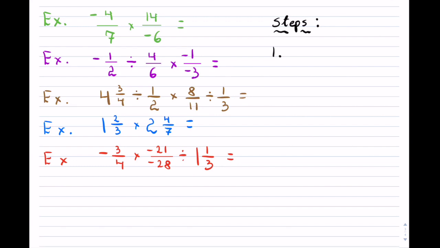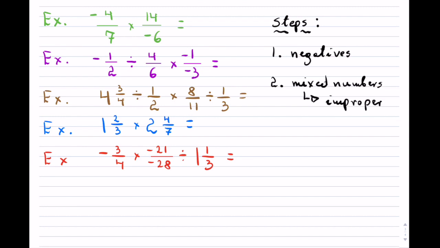So first, I ask myself, how many negatives do I have? That's the first item that I do. Okay, and after finding how many negatives I have, the second thing that I will do is change all mixed numbers, if there are any, to improper fractions.